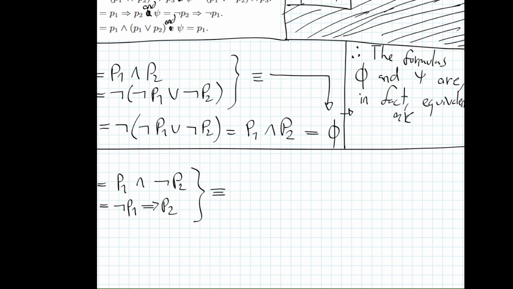In other words, phi is equivalent to psi.